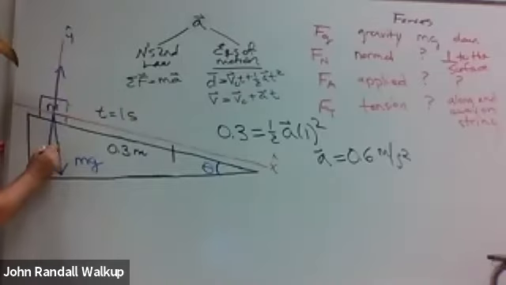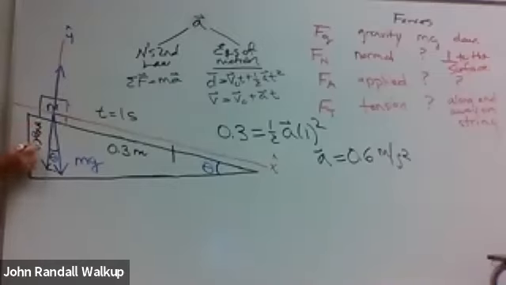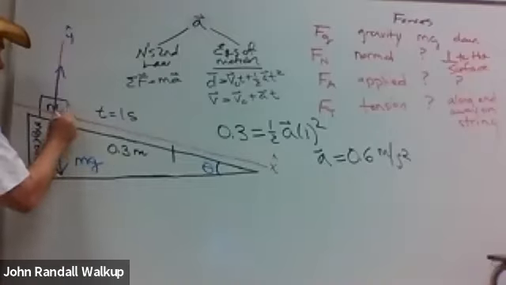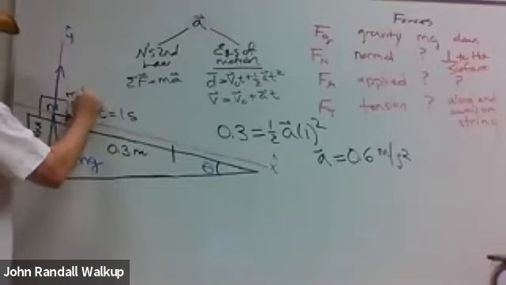This angle symbol touches, so this length here is mg cosine of theta. And if this is mg cosine theta, this is mg sine theta.